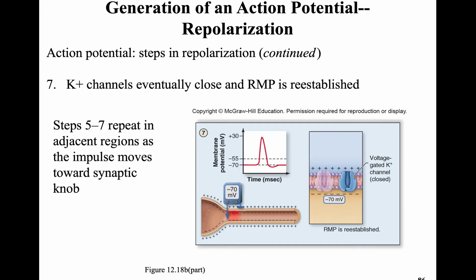The resting membrane potential is made possible because of the sodium-potassium pump, where 3 of the sodiums will leave and 2 of the potassiums will come back. And why is it called a sodium-potassium pump? Because it's an active transport pump where we're going against the concentration gradient.